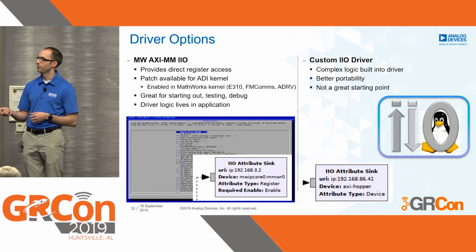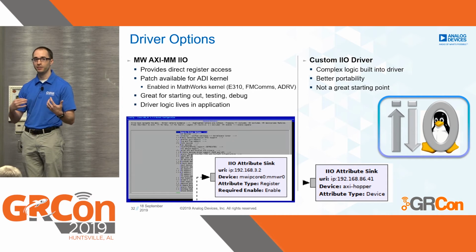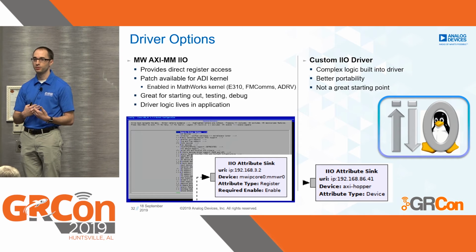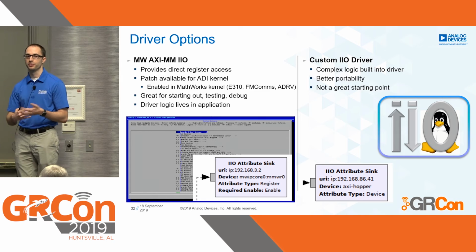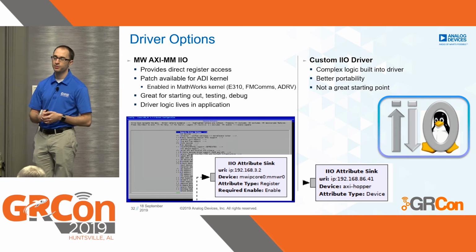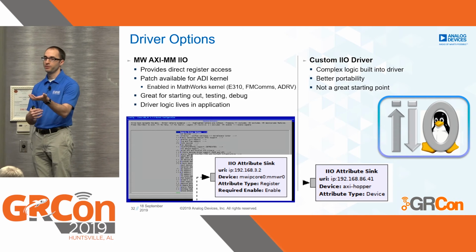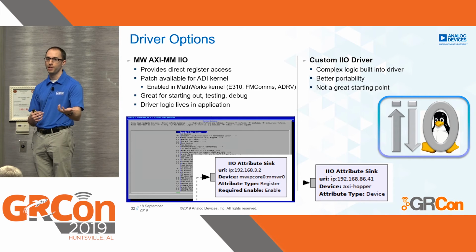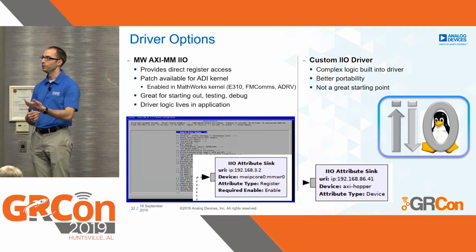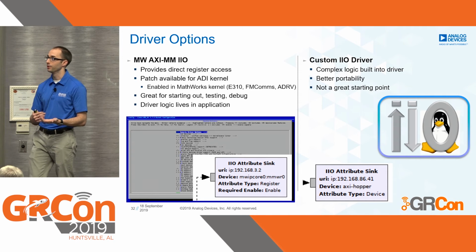I usually start with this stub driver that we have, a really basic driver. This was actually developed by the MathWorks to talk to IIO devices, and it exposes just the registers of the device. So if you want to get at the registers of a specific IP, this is a really simple way to do that. We have a patch available that will add the driver to your kernel, or you can use the standard kernels from MathWorks.